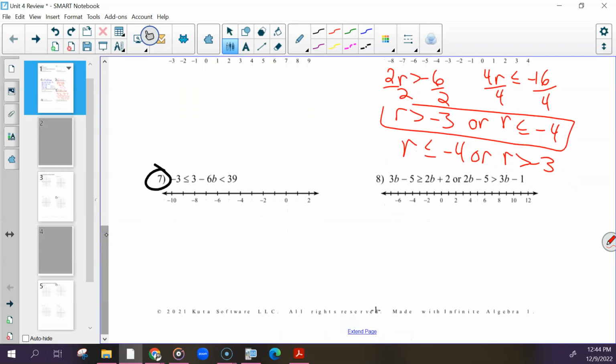For your and inequalities, you're solving that all together simultaneously, trying to get whatever's in the middle by itself. So for this one, we would want to get b by itself, get rid of the 3, subtract it to all the sides. We have -6 is less than or equal to -6b is less than 36.